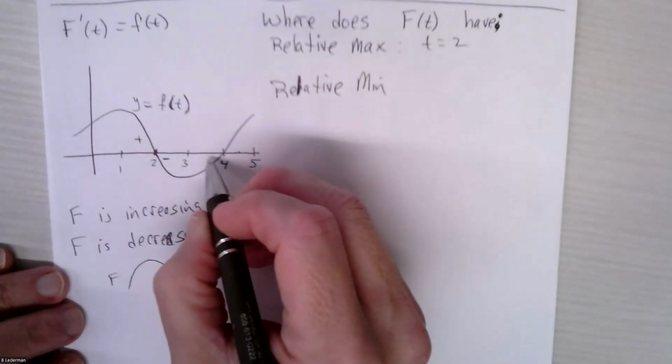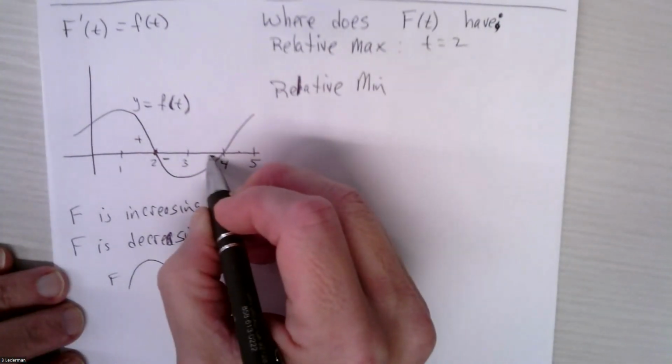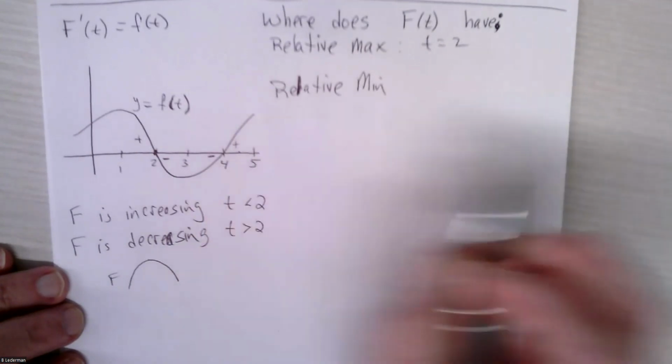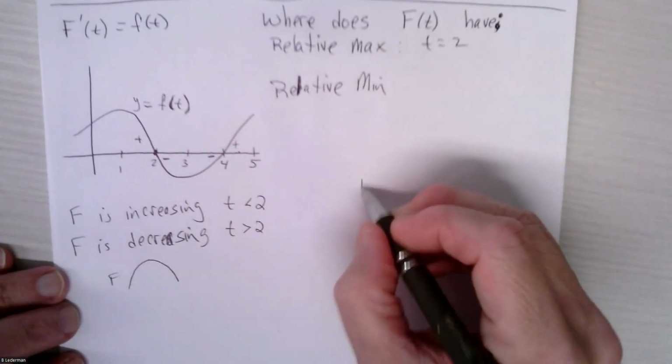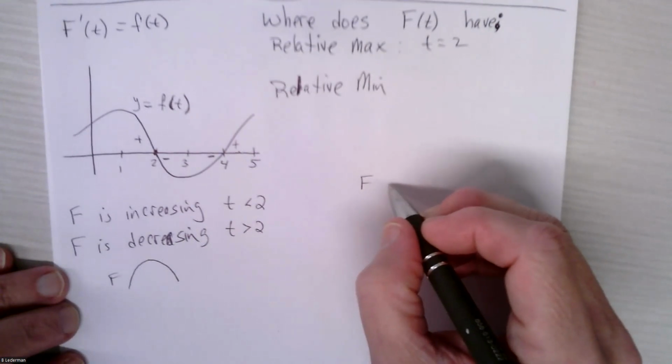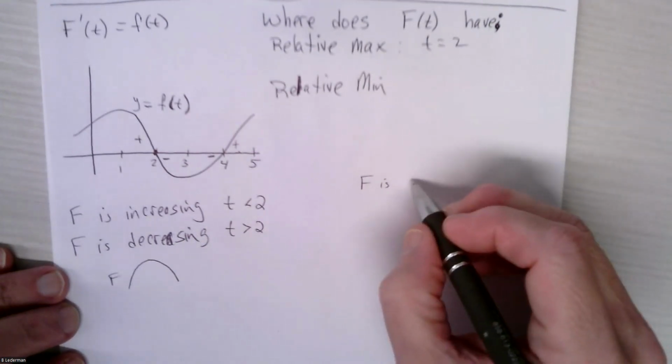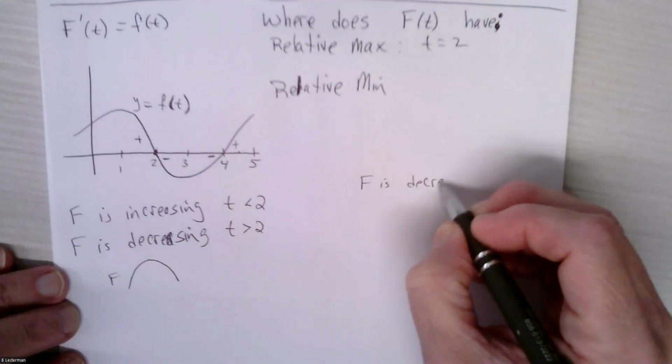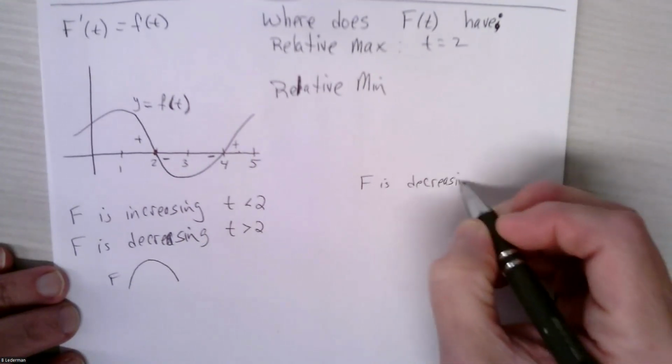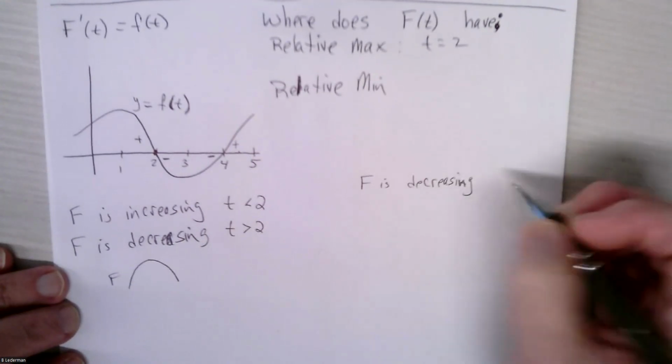And on the flip side, when t equals 4, it's going from negative to positive. So capital F is decreasing when t is less than 4.